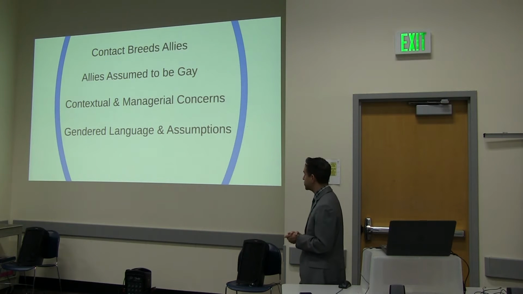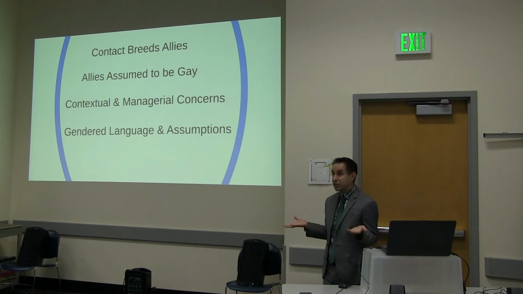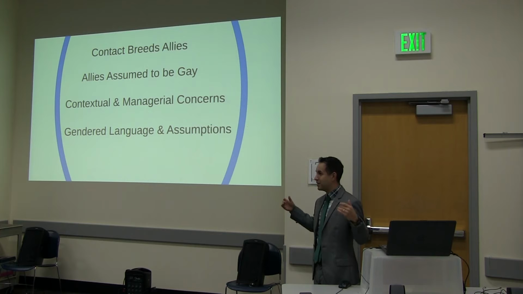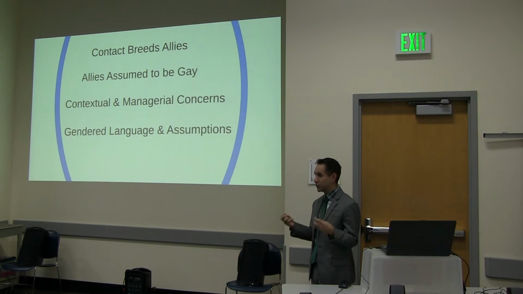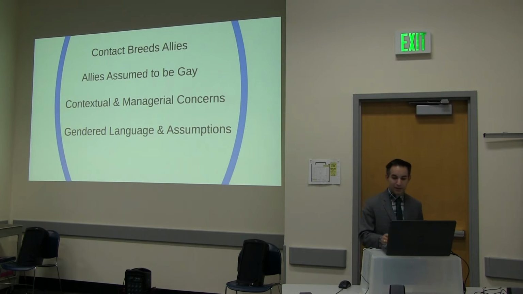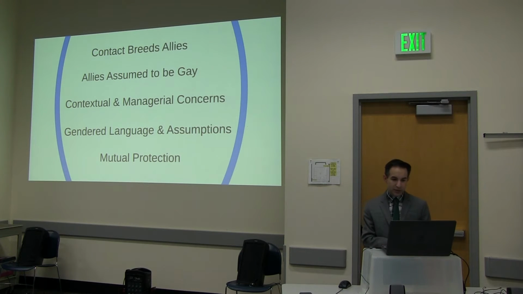So this notion of using the word like partner, and not assuming that people's partners are the opposite gender, and things like that. And I like that one because it's cheap, it's easy, it's not, we have to do a diversity training and train people how to do things. It's just, don't assume, and that's an easy sort of grassroots type of thing you can do. I say easy, it's not that easy actually, but it's not too difficult to do.